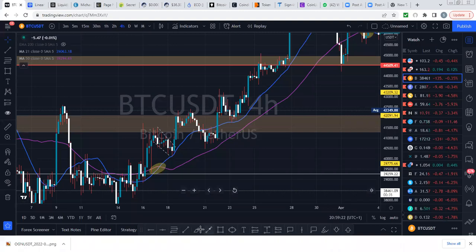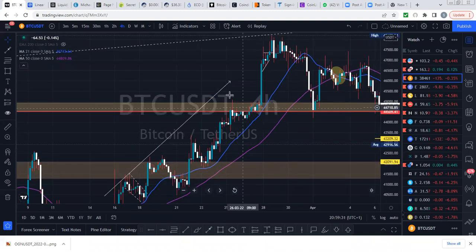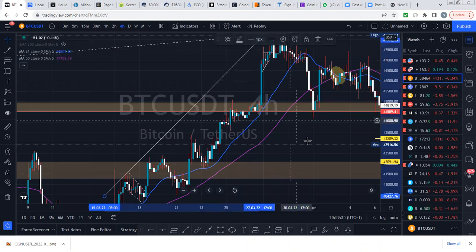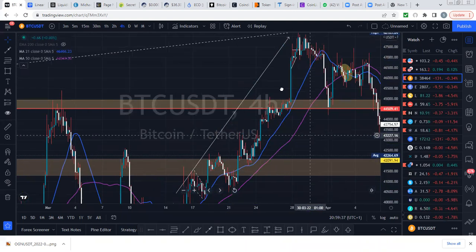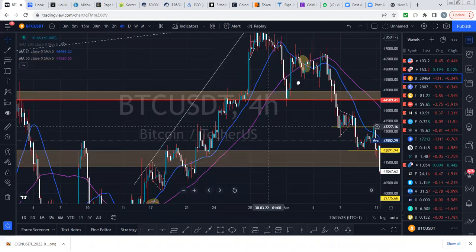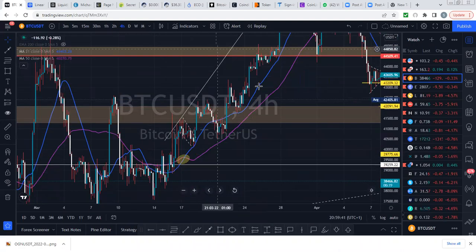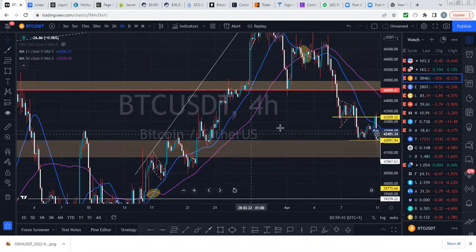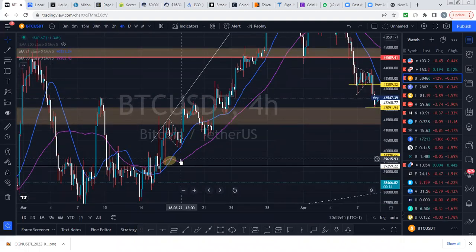Look at the right, from here up. You can see the trend, very bullish from here up. Did the 21 cross over here? No. But it gave us a signal here.